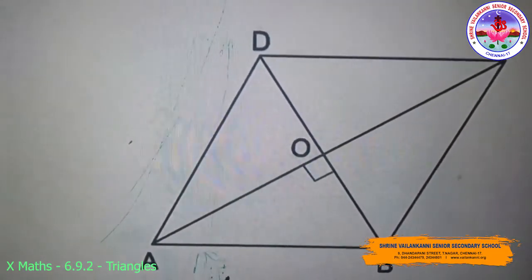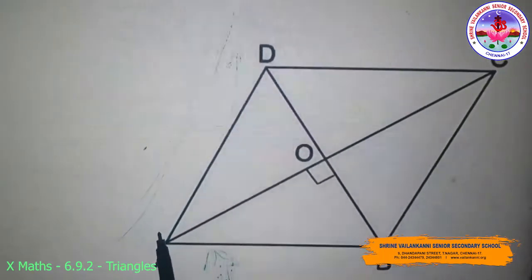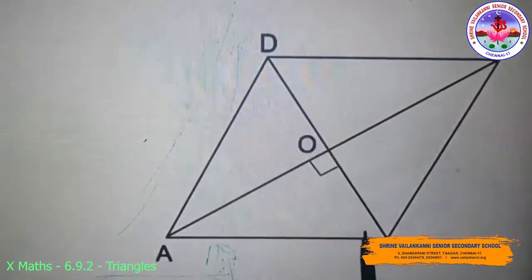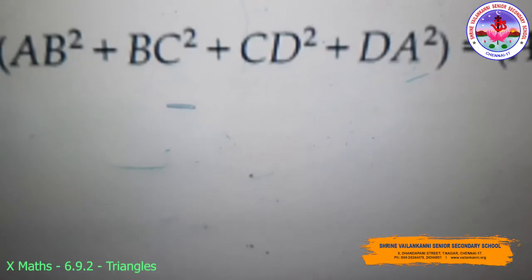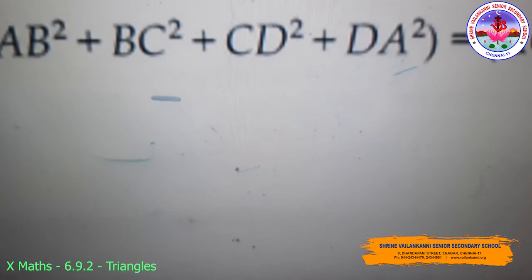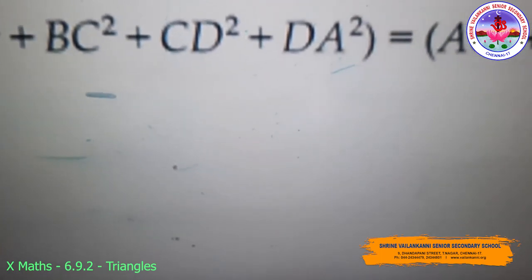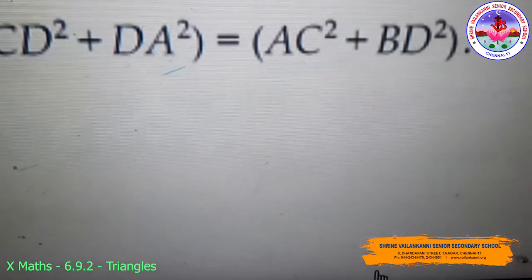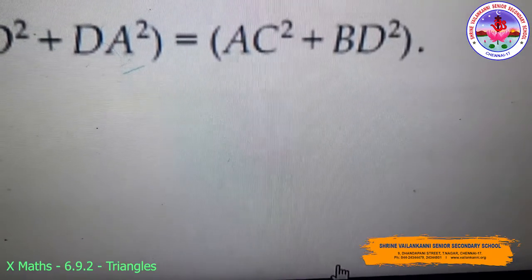We want to prove that the sum of the squares of the sides of the rhombus is equivalent to the sum of the squares of its diagonals. That is, we want to prove AB square plus BC square plus CD square plus DA square is equal to the sum of the squares of its diagonals, AC squared plus BD squared.